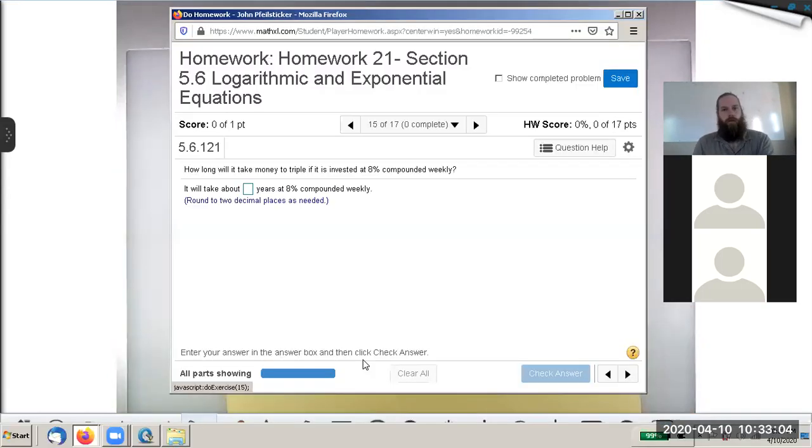So if we look at the next problem, they say, how long will it take money to triple if it's invested at 8% compounded weekly?